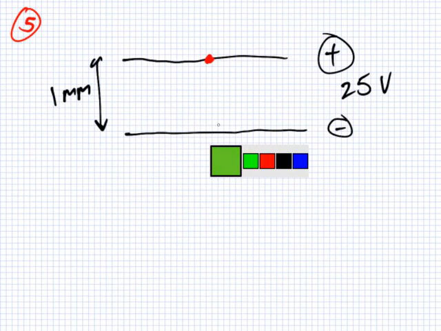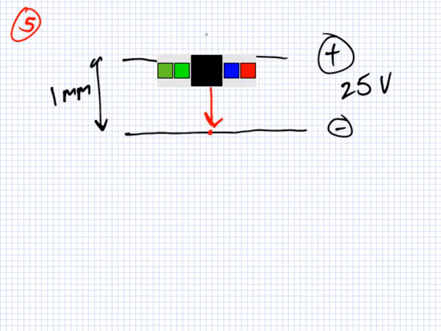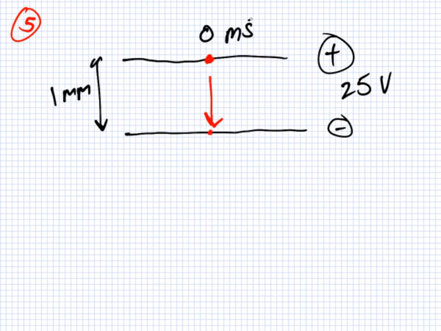So when the proton makes it down here, it's starting at rest, and its velocity down here is root 2qV over m. What you'll notice that's quite interesting is that the distance isn't in the formula.